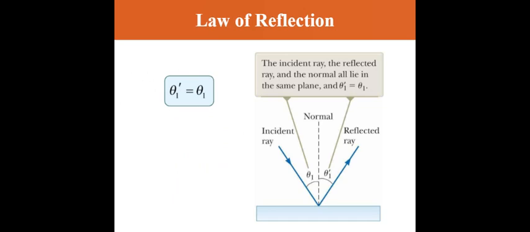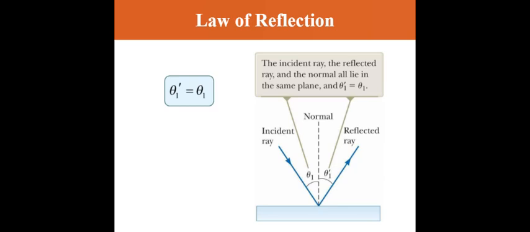So the relationship between incident light, which is light approaching a mirror or just some surface, some medium boundary, and the light that reflects off, is that the angle of incidence, which in this drawing we call theta 1, is equal to the angle of reflection, theta 1 prime, just on the other side of the normal line.